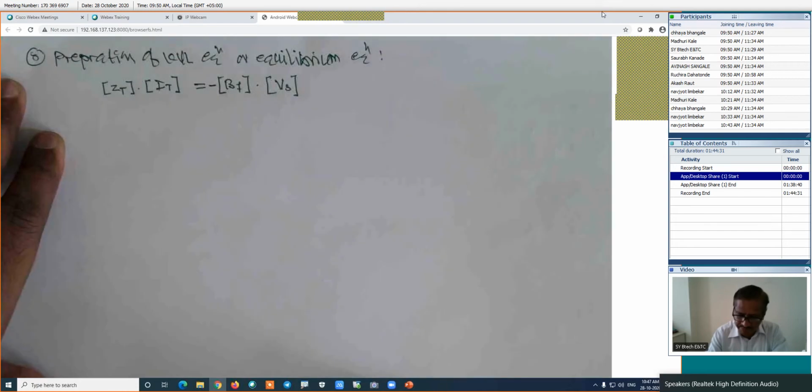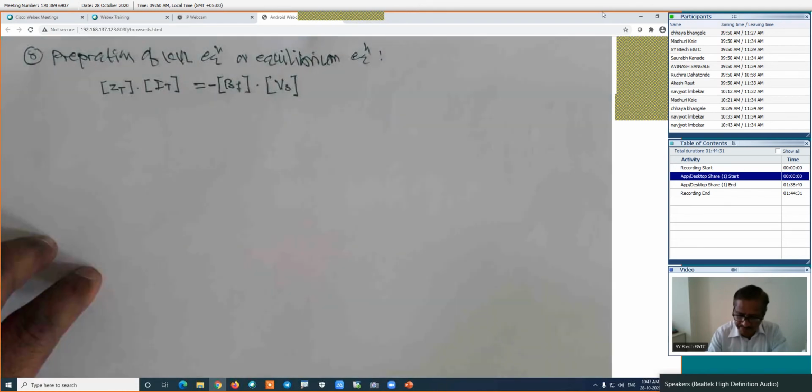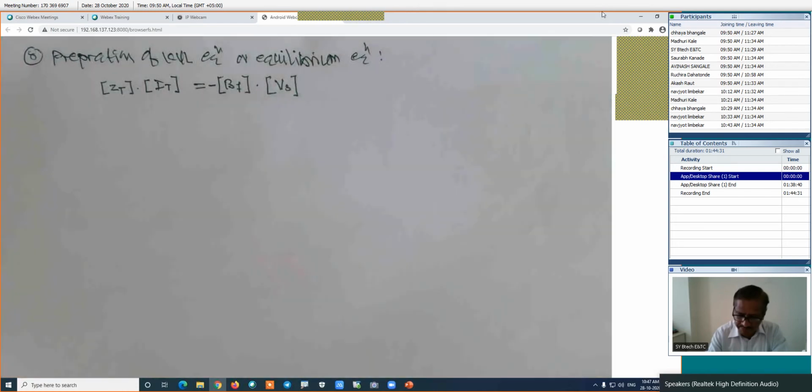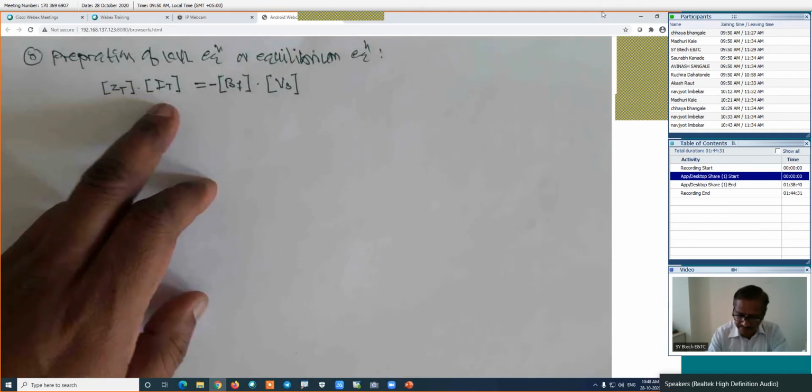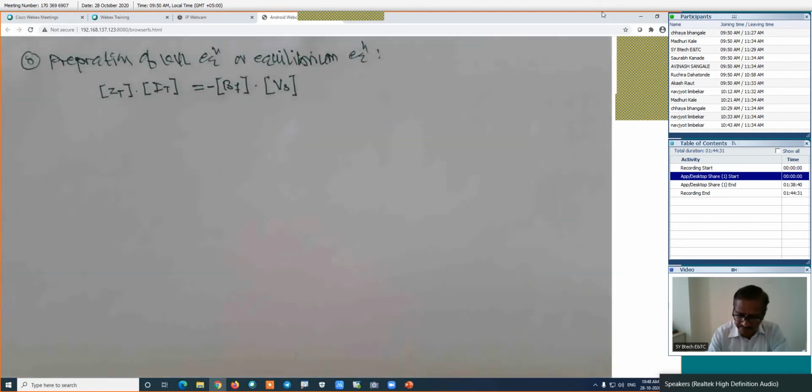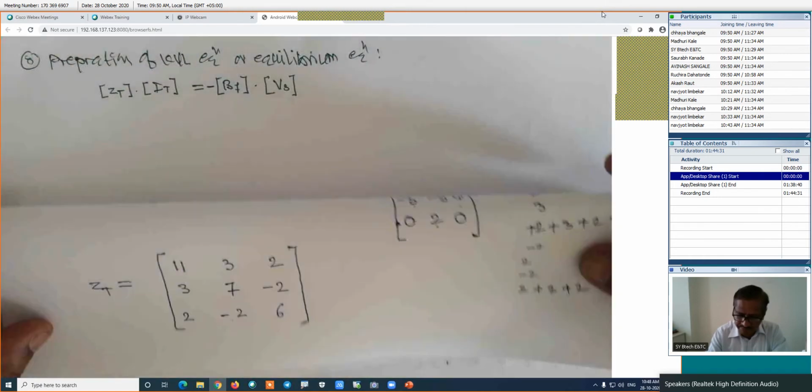This is a matrix. Now I will discuss each point one by one. First we will prepare, and then we are in a position to find this value of IT, that is nothing but the loop currents, or the Triset currents. First, I will take the ZT which we have prepared. Look at this ZT which we have calculated.